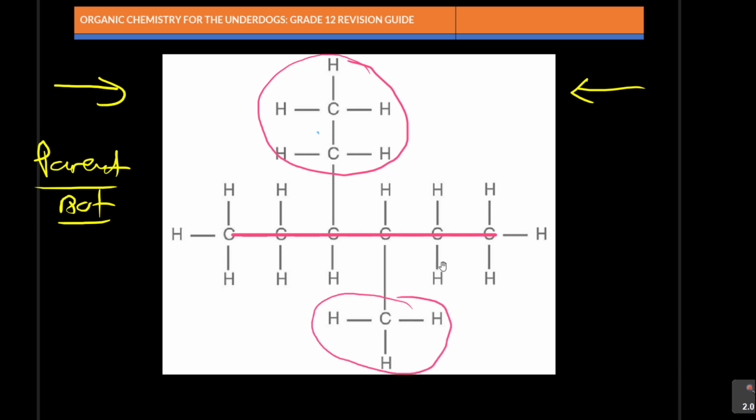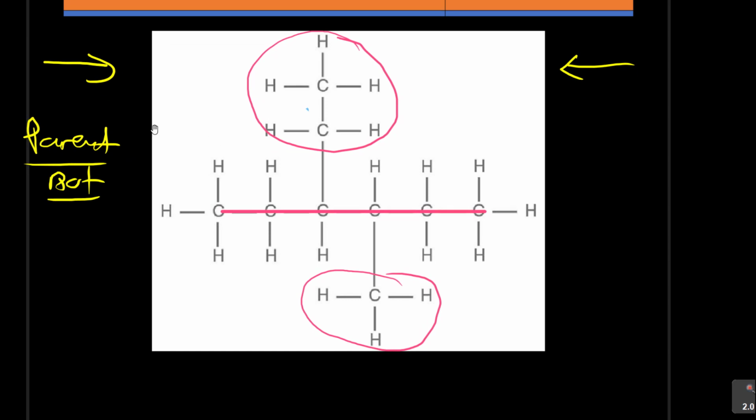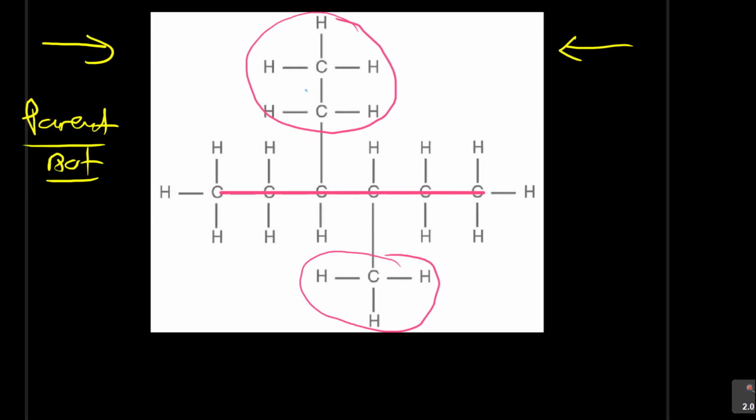Now, for me to have a better view of this molecule, I will make it into a condensed structure. How does it look? This is carbon 1, carbon 2, 3, 4, 5, 6. So let's draw it.